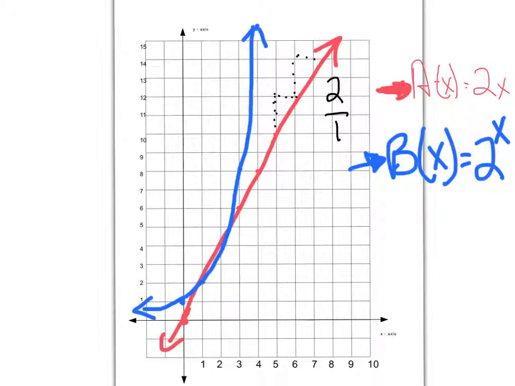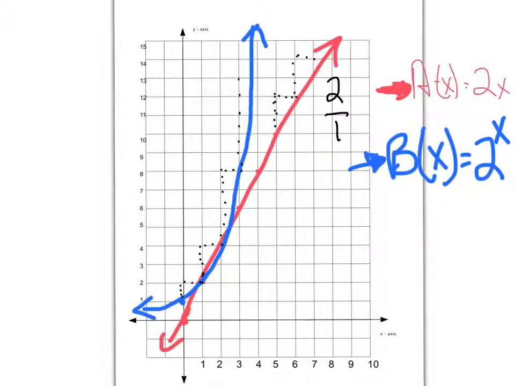If you look at b of x and pick a couple of points, for example 0 and 1, you see a rise of 1, a run of 1. From 1 to 2 you get a rise of 2, a run of 1. From 2 to 3 you get a rise of 4, a run of 1.